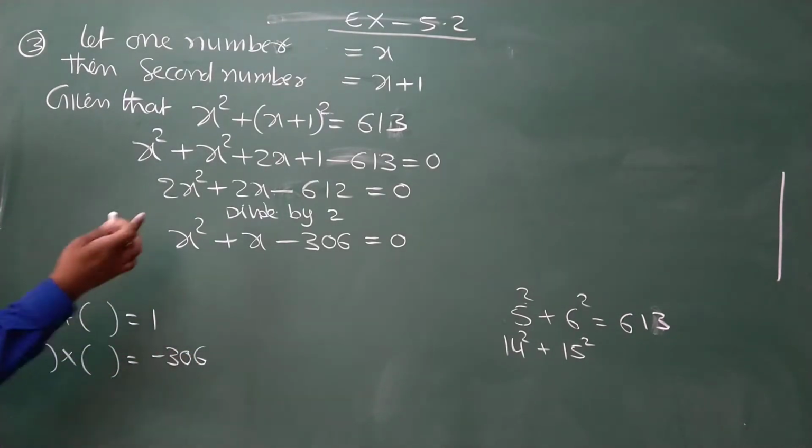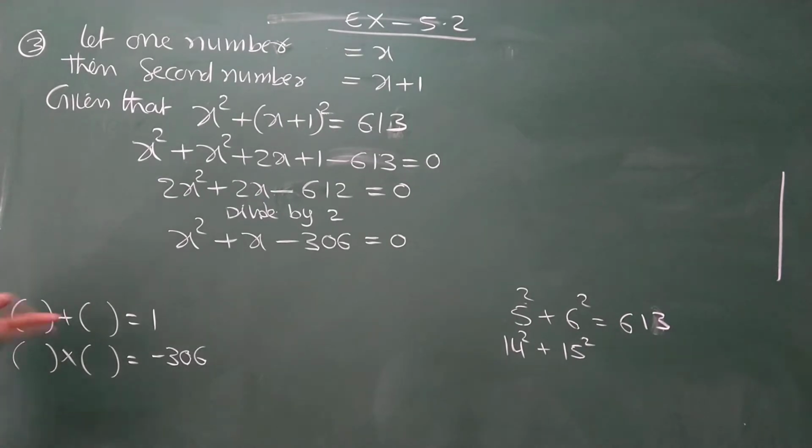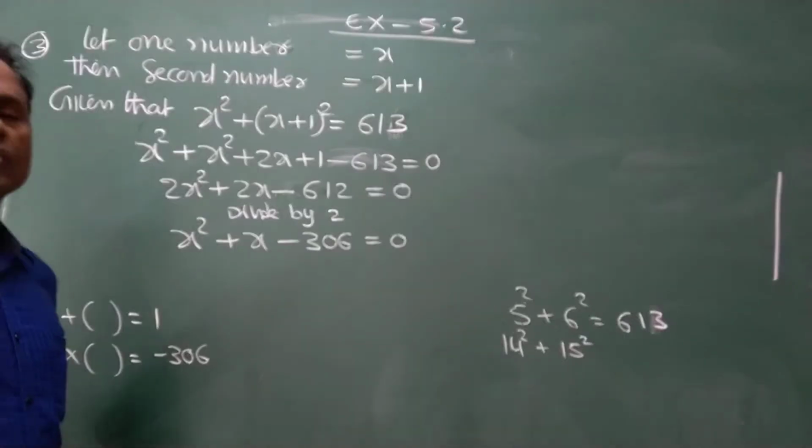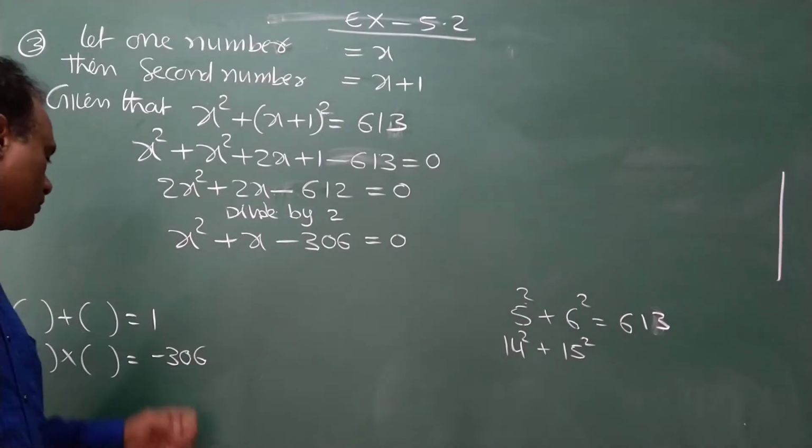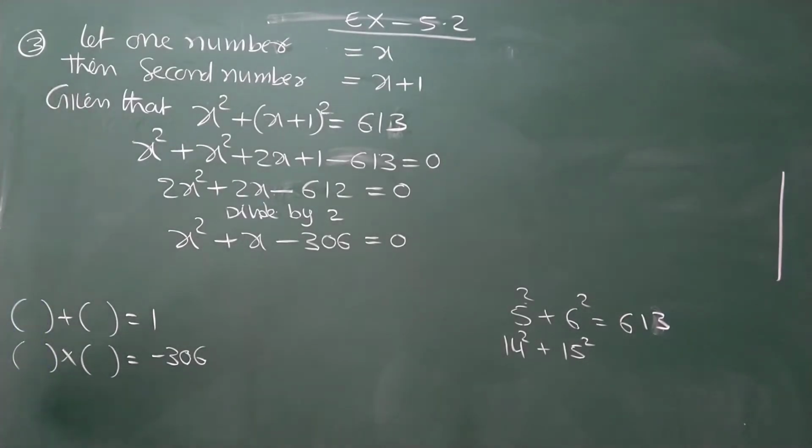Sum is 1, product is minus 306. You have to try. There is no other alternative. You have to try. Try the numbers such that the sum is 1 and the product is 306.